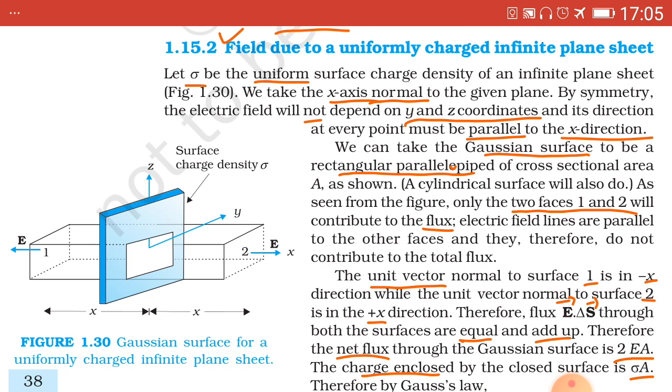Let sigma be the uniform surface charge density of an infinite plane sheet. Here we take the x-axis normal to the given plane. Now, by symmetry, which is important, the electric field will not depend on y and z coordinates, and its direction must be parallel to the x direction.